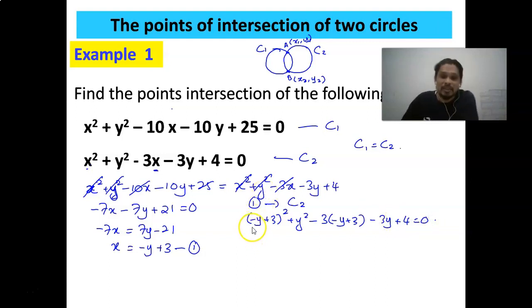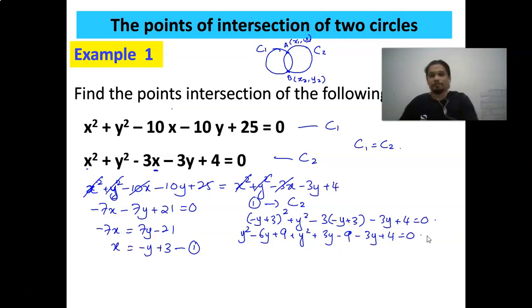Let's expand this. Negative y plus 3 in brackets squared: negative y times negative y is y squared, negative y times 3 is negative 3y, another negative 3y makes negative 6y, plus 9, plus y squared. Negative 3 times negative y is positive 3y, negative 3 times 3 is negative 9, minus 3y, plus 4, equal to 0.